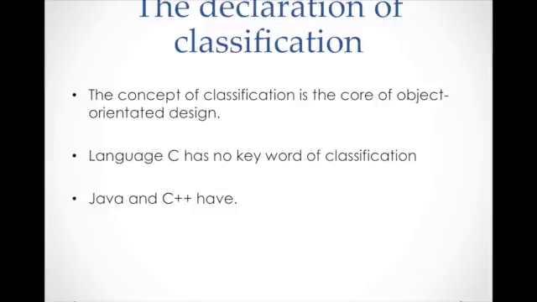The language C has no keywords for classification, but Java and C++ have. So in language C, the rules about classification are totally different from Java and C++.